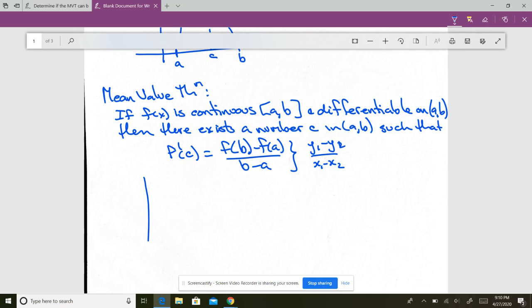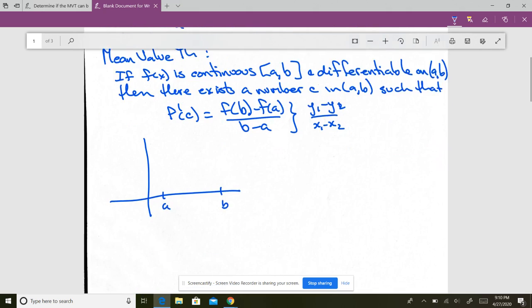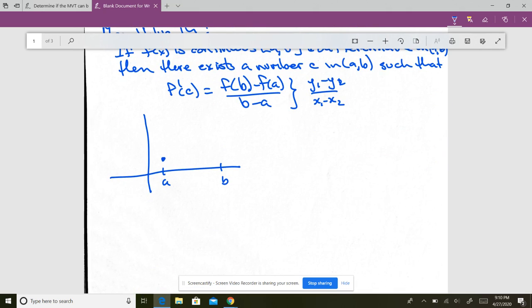So again, visually much easier to realize. So we have a, we have b. In Rolle's theorem, they were the same numbers, so the slope here was 0. In the mean value theorem, they do not have to be the same numbers. So it doesn't matter what the graph does as long as it's continuous and differentiable.